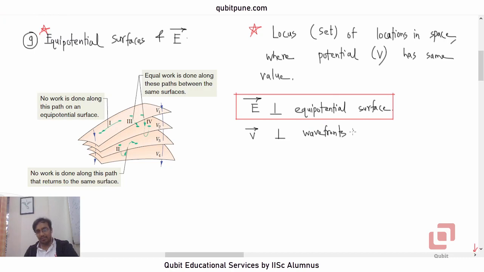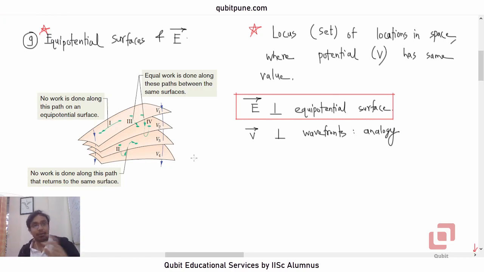Just an analogy. The diagram your textbook gives for planar wavefronts and the diagram for planar equipotential surfaces look exactly the same.